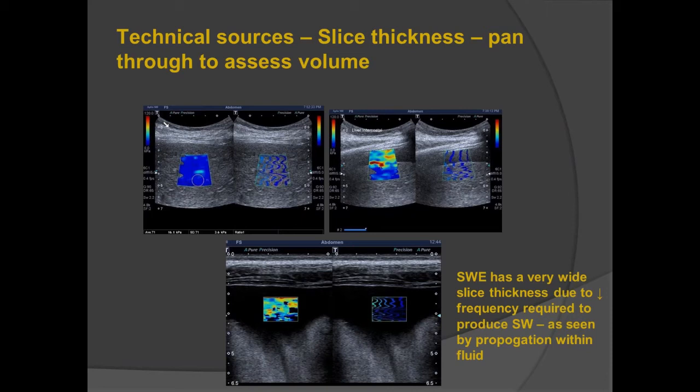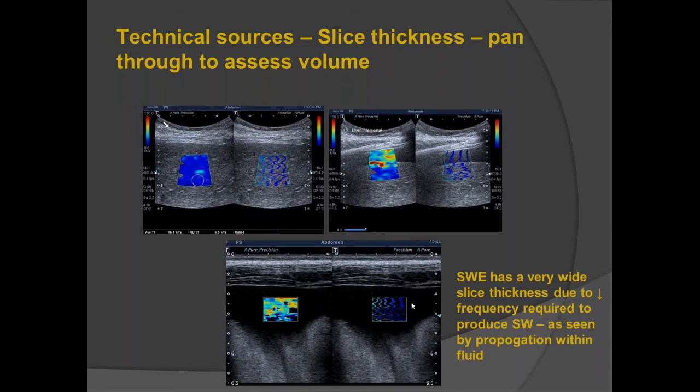One of the things you need to keep in mind when you're using shear wave is that to generate a shear wave, you need to have a really low frequency, which means that you have a really big, thick beam. And so when you're looking through a patient, you can see that here we've got a thick beam, and as it goes through a thick bit of ascites, we get a straight propagation map. But look down the bottom here.